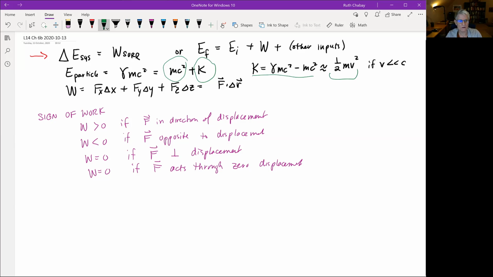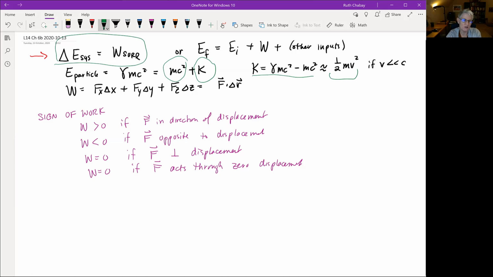We also did some calculations and looked at some examples and saw that work can be either positive or negative, and that this corresponds to this piece of the energy principle here. Positive work increases the energy of a system, and negative work decreases the energy of a system.